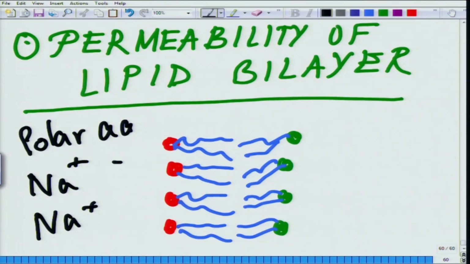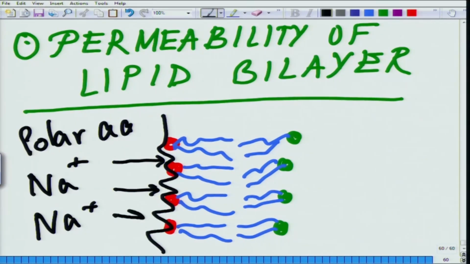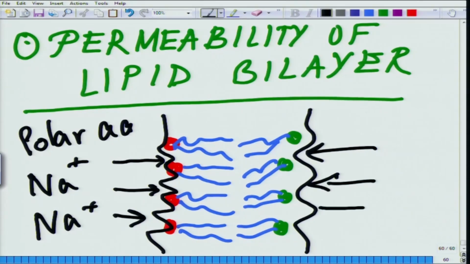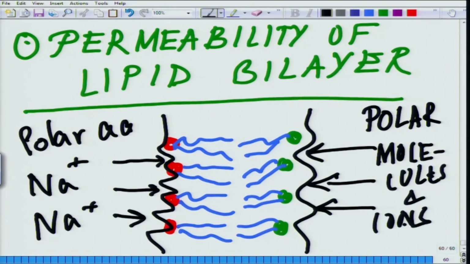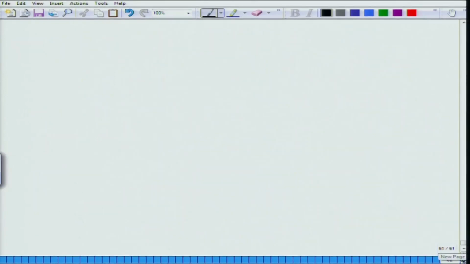It is most unlikely that it can pass through. This will block the movement of these polar ions from either side, whichever way you try it, it is going to block the entry of the polar molecules. So, polar molecules and ions are very, very impermeable to the lipid bilayer.